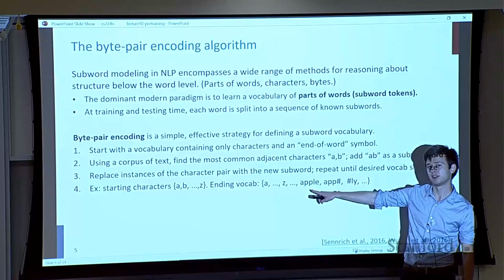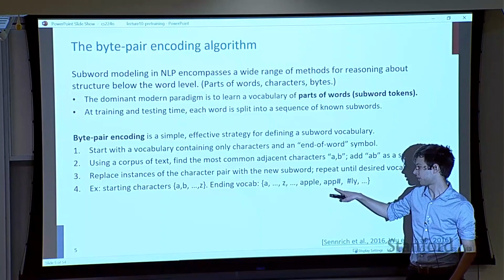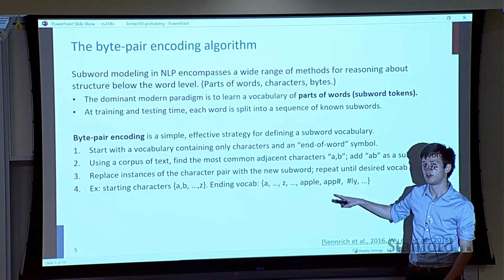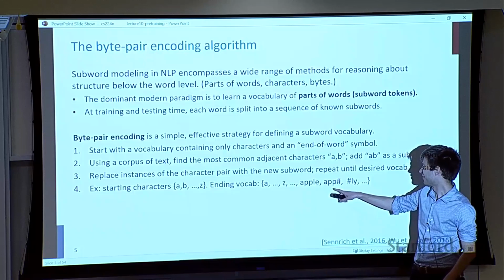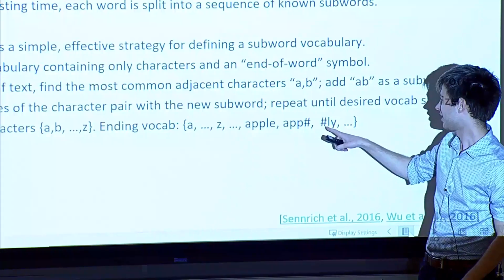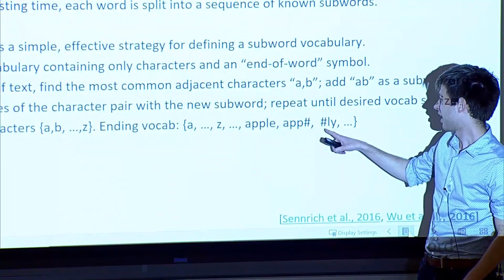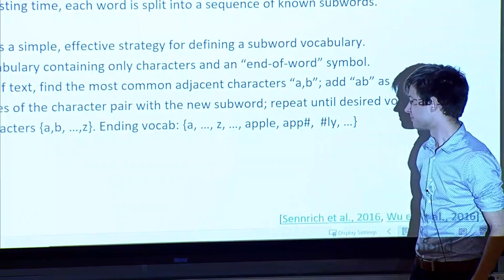So notice how apple, an entire word, looks like apple, but then app maybe is the first subword of application. And then Lee, I guess I should not have put the hash there, but maybe you learned Lee as the end of a word, for example.